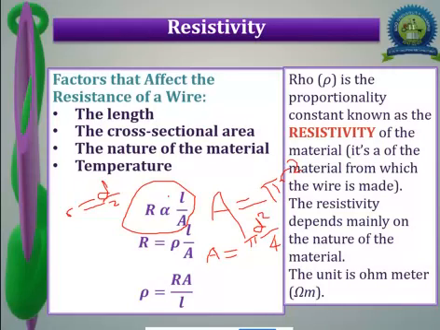Are we together? And so by implication, if the radius of the wire or the diameter of the wire is big, then the area will become big. Is that okay? And by implication, since resistance is inversely proportional to area, it means if the area is large, the resistance will be small.